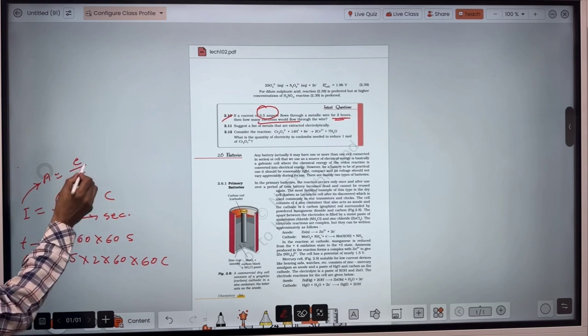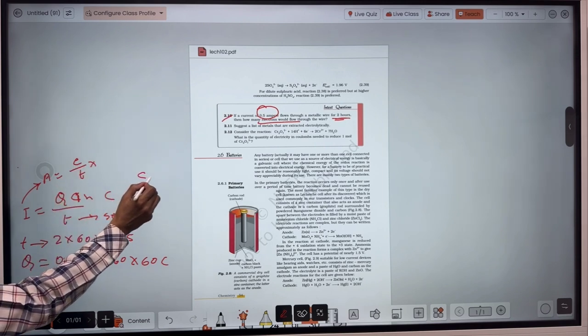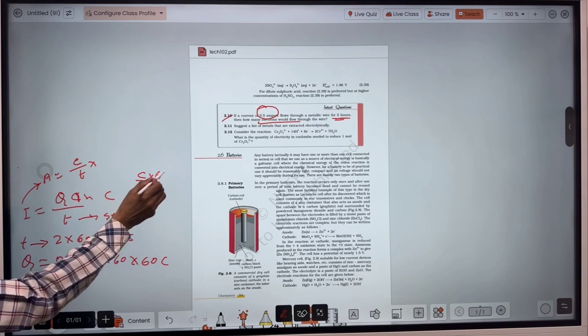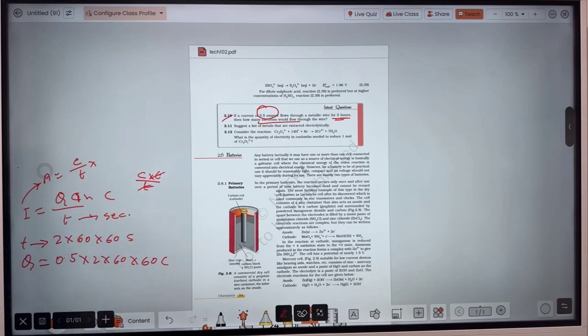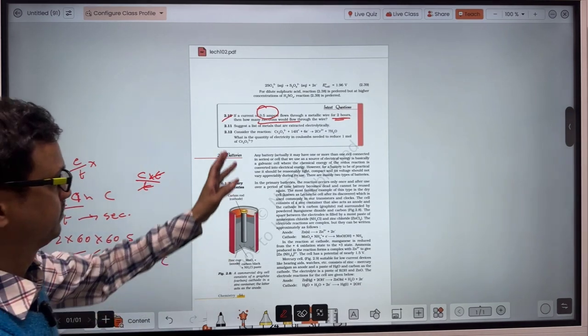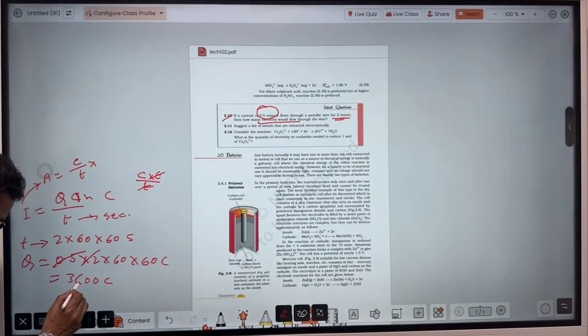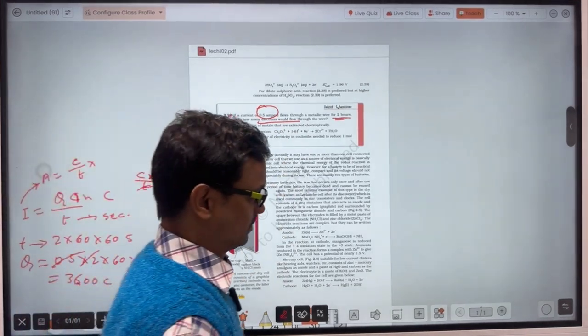So when you have current into time, the time cancels out and that will be coulomb. That much coulomb charge has been passed through the wire. That means 3600 coulomb of charge passes in 2 hours.